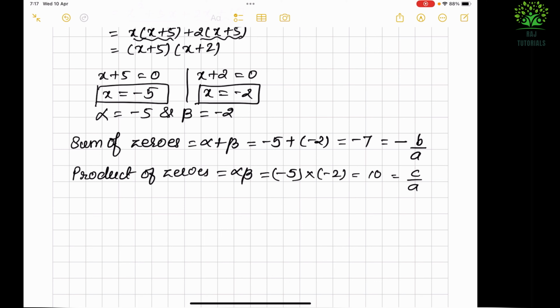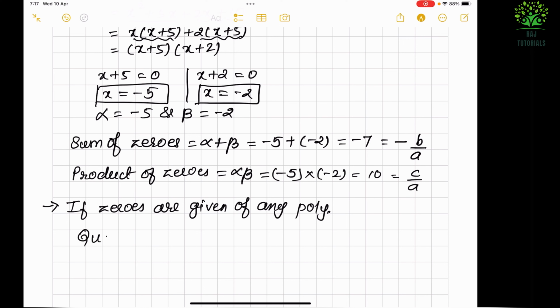Now one pattern of sum which they ask in the paper is: if the sum and product of the zeros of a polynomial are given, I need to find the quadratic equation.